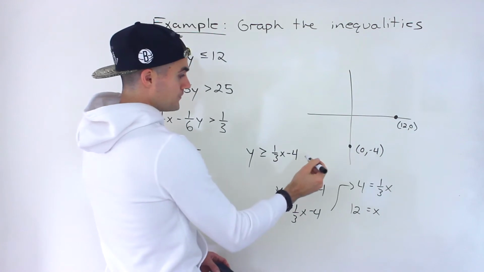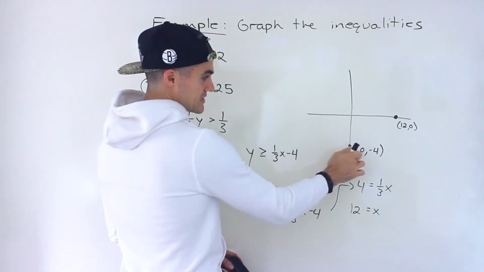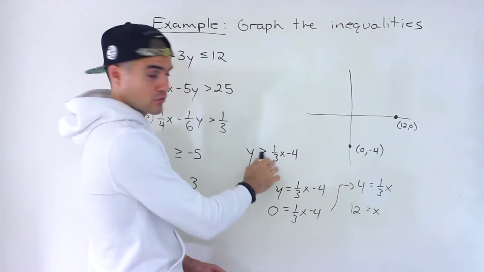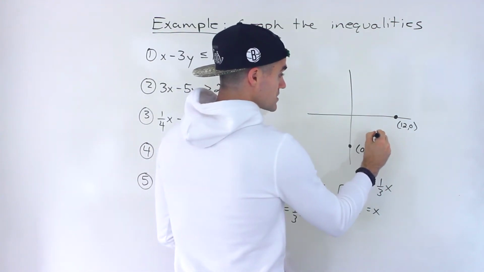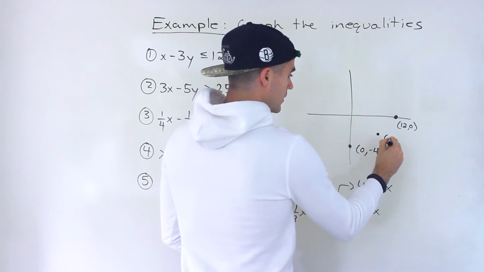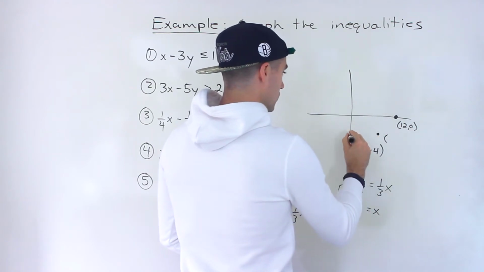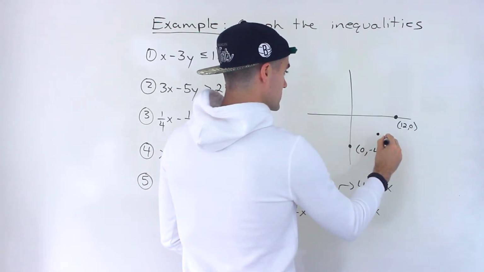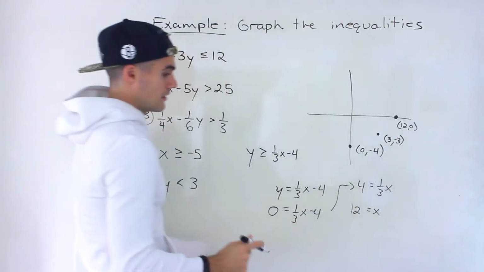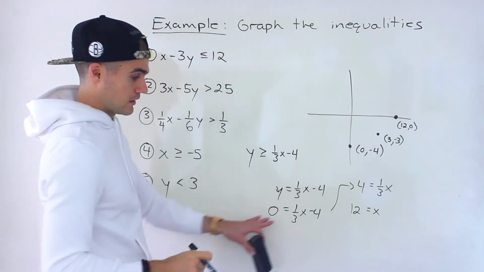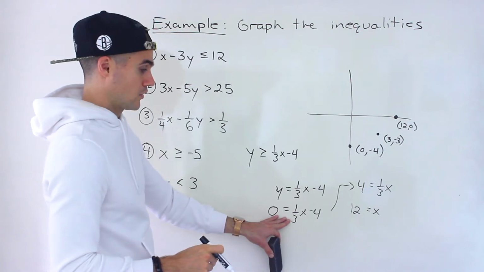So for example, if we started at 0, negative 4, we know the slope is 1 over 3. Well, we can rise by 1 and then run by 3. So this point here would end up being, we rose by 1, ran by 3. So this would end up being 3 and negative 3. That's a point that's on this line over here.